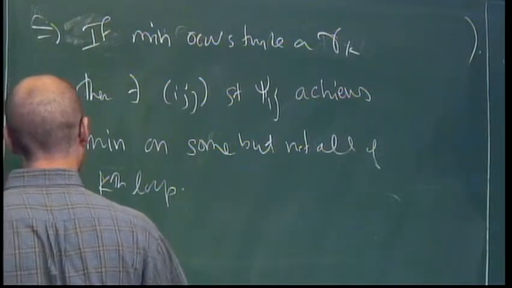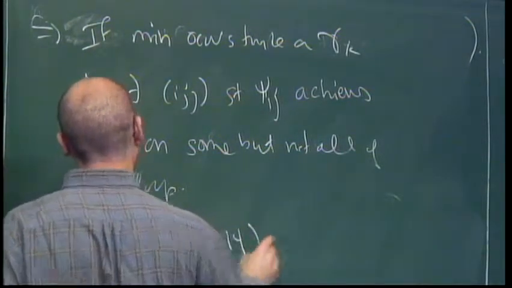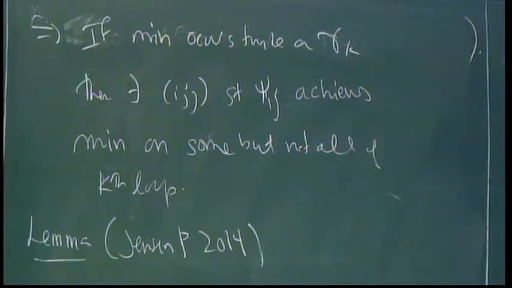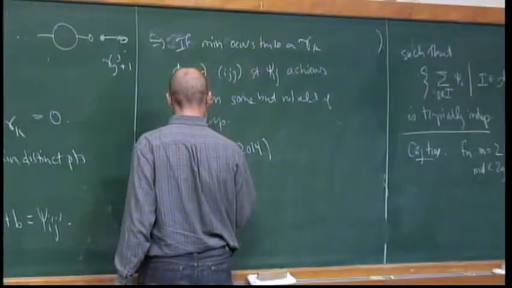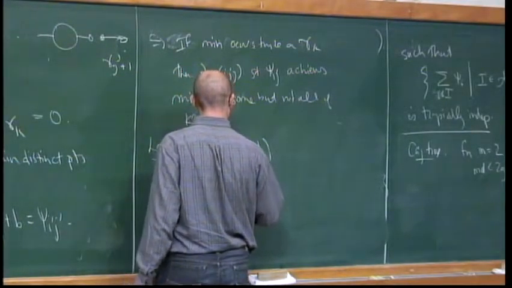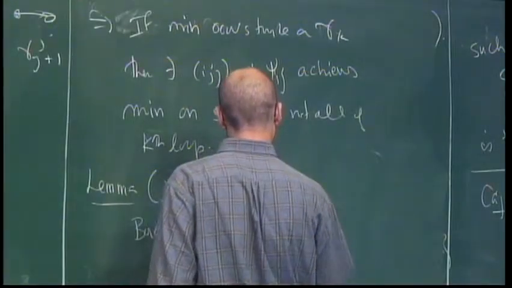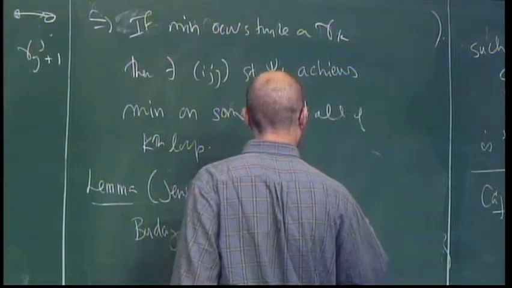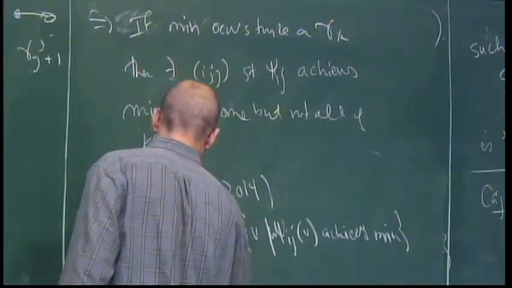And then there's a lemma which appeared already in the Gieseker-Petri paper, which says that the boundary points of the set of V such that psi ij of V achieves the minimum are contained in delta.